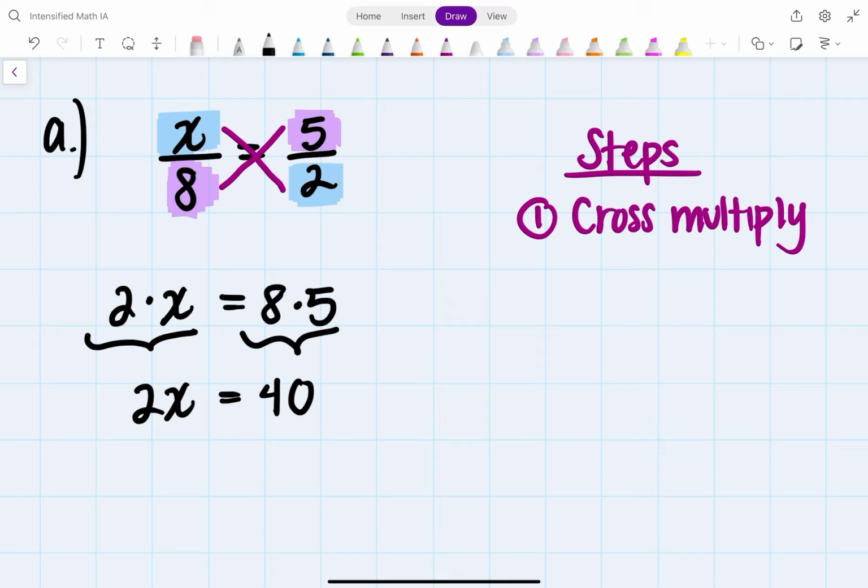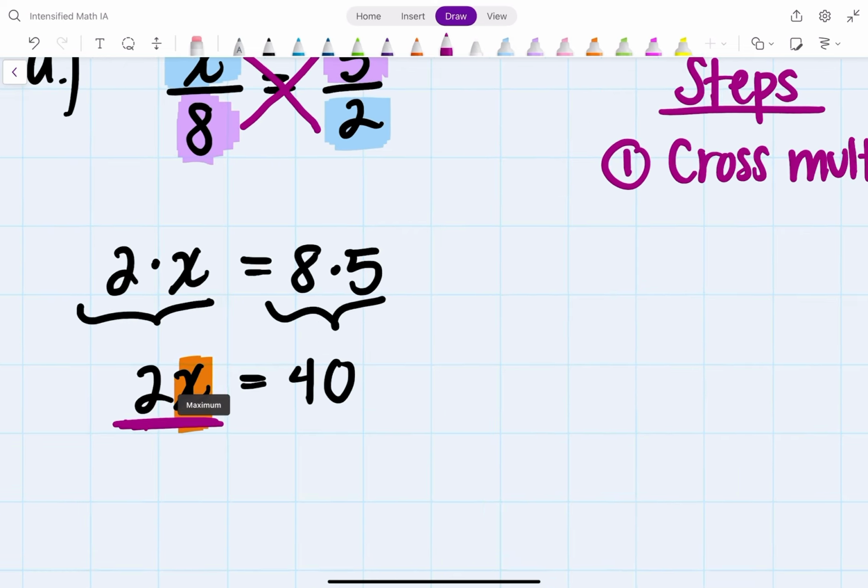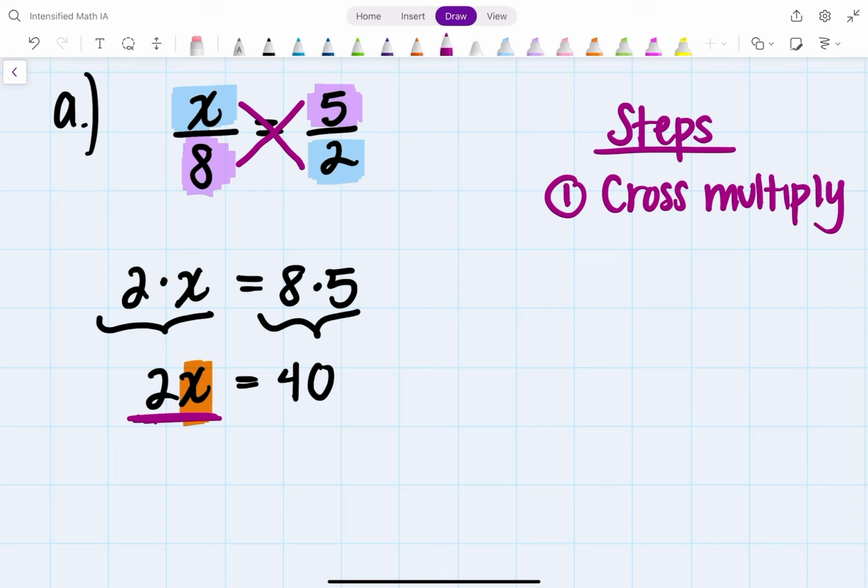Now, the goal is to isolate, or leave alone, the x. In order to do that, I need to do an inverse operation. Whenever we have a term with a coefficient and a variable, a number and a letter attached to each other, the operation happening between them is multiplication.